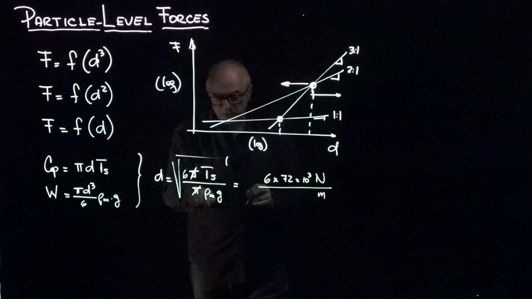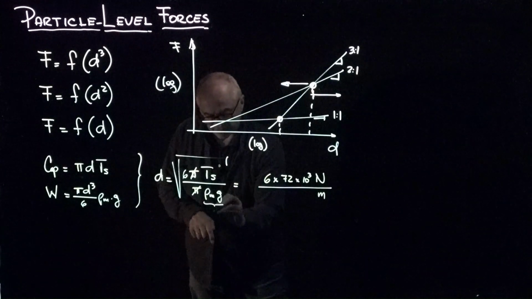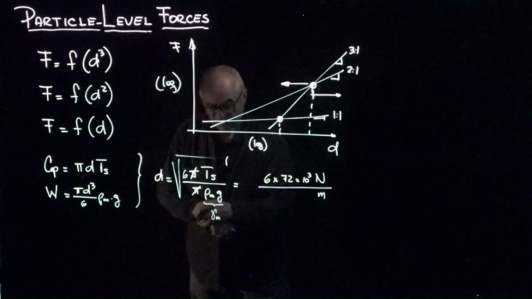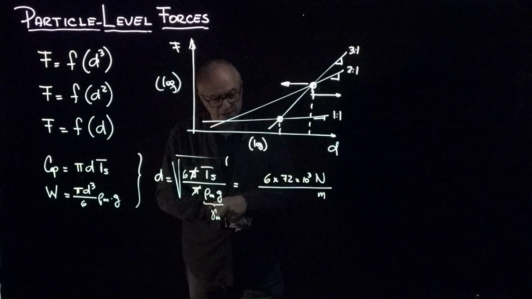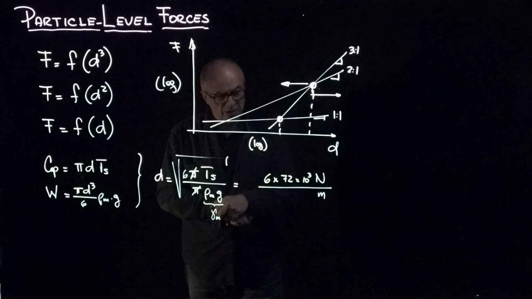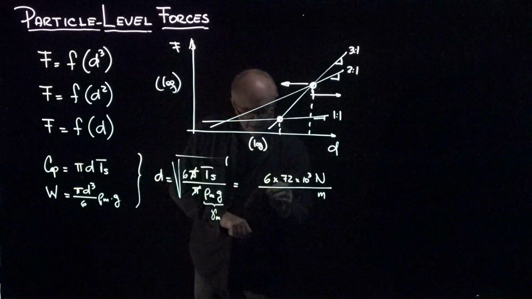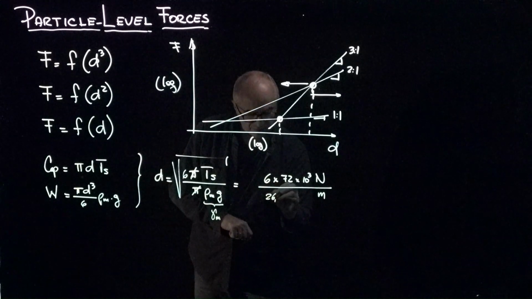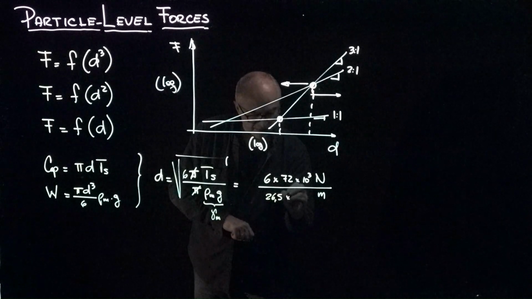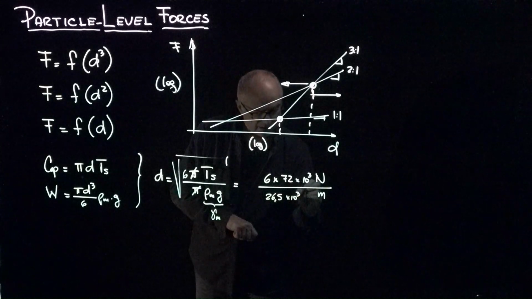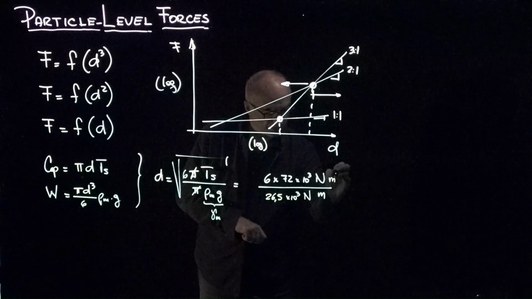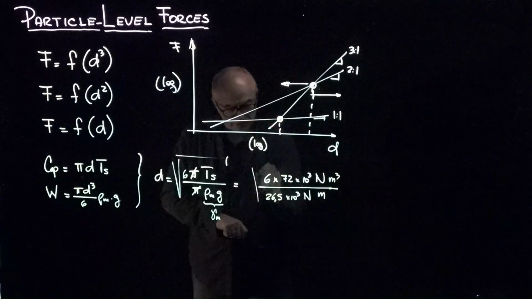And the unit weight of the mineral is 2,650 kilograms per cubic meter, which is 26.5 times 10 to the 3 newtons per meter cubed, square root of.